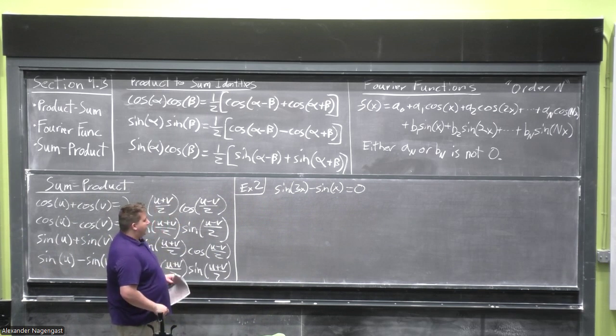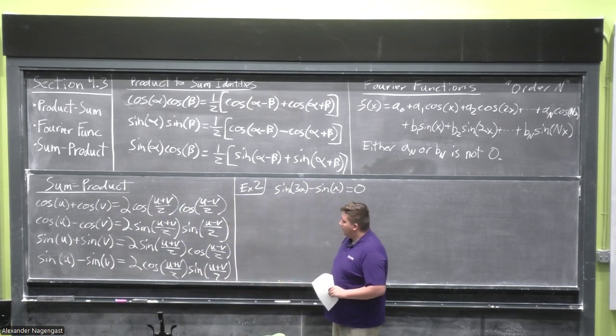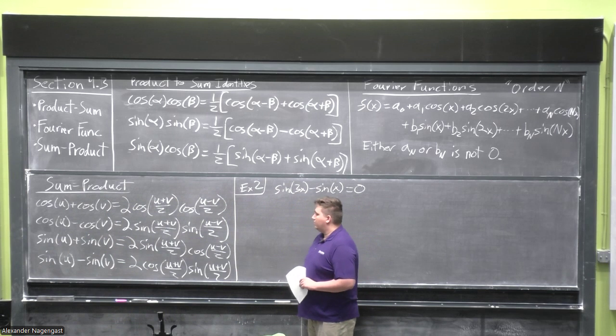So we look at our identity. We have a sine minus a sine. So we're going to use the fourth one.